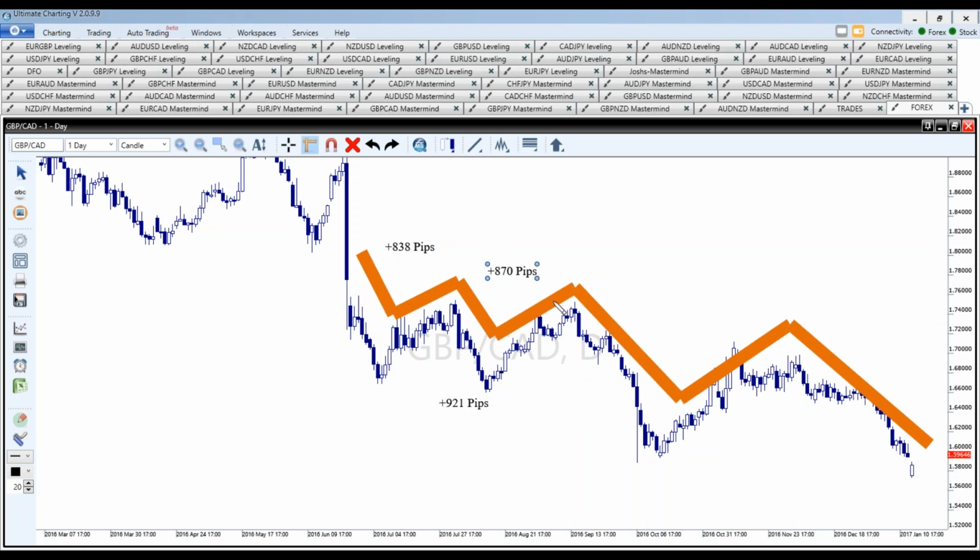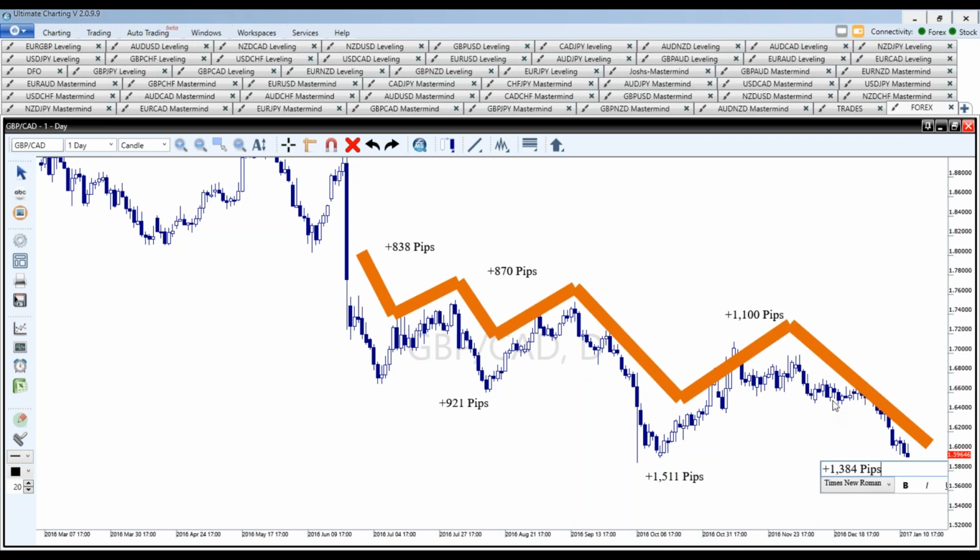When this market fell from this high to this low, it's 1,511 pips. When the market pulls back from this low to this high, it's 1,100 pips on the way up. And if this market falls from this high to this low, it's 1,384 pips of downward movement.